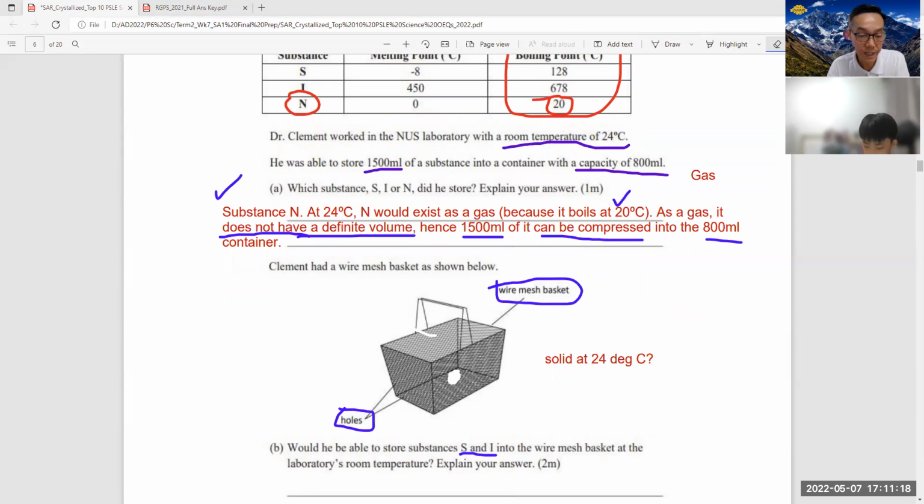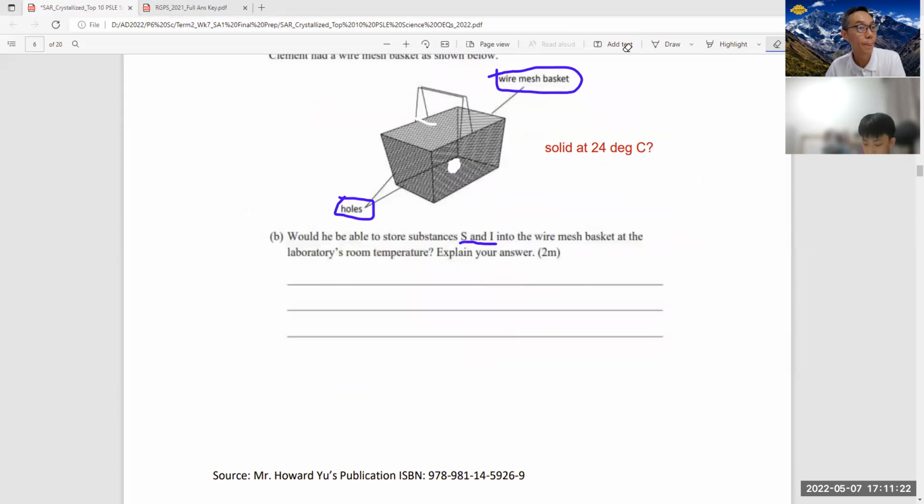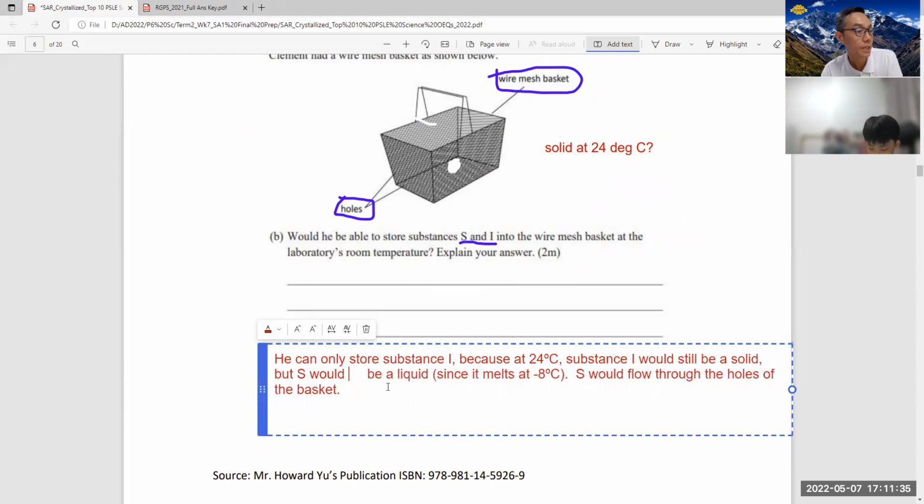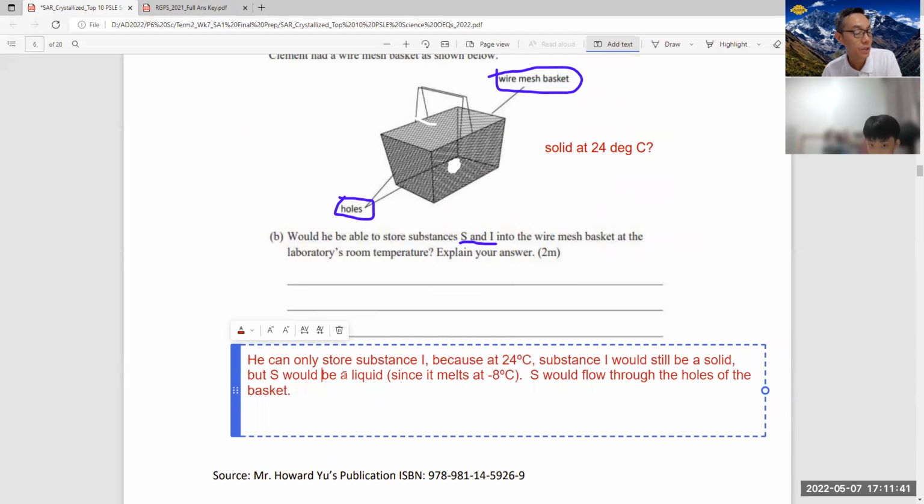This is how you answer. He can only store substance I because at 24 degrees Celsius, substance I would still be a solid, but S would be a liquid.